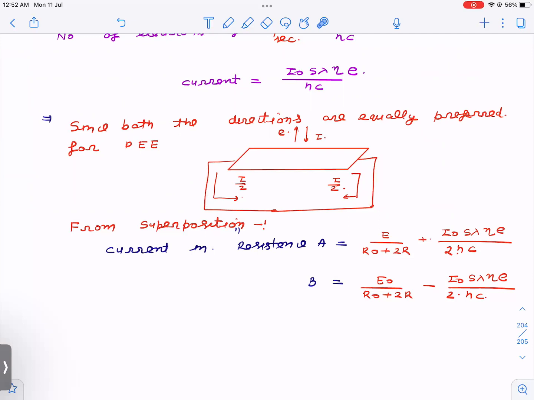So there is no bias in any of the directions. So there is no reason for a different current to be flowing in these two wires, right? So if there is no bias, then if I current is flowing, then I by 2 current should flow like this, and I by 2 current should flow like that.